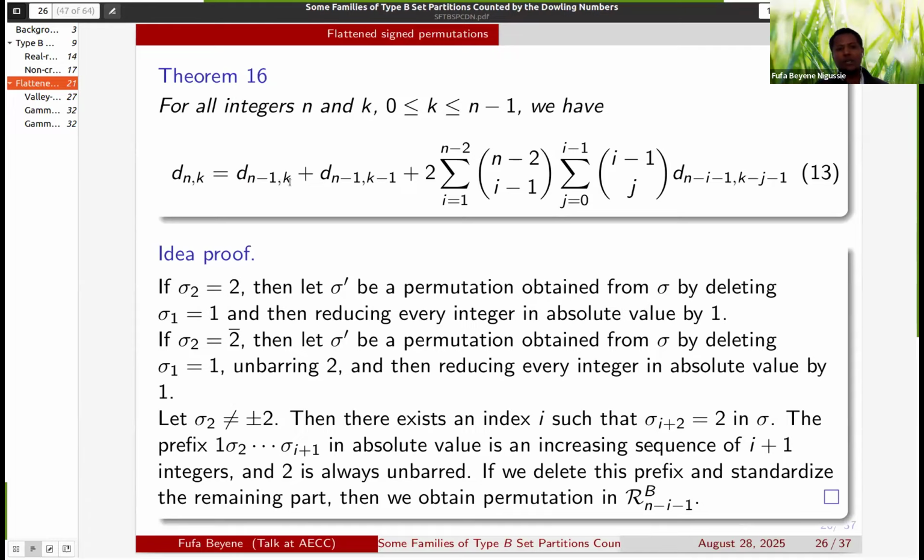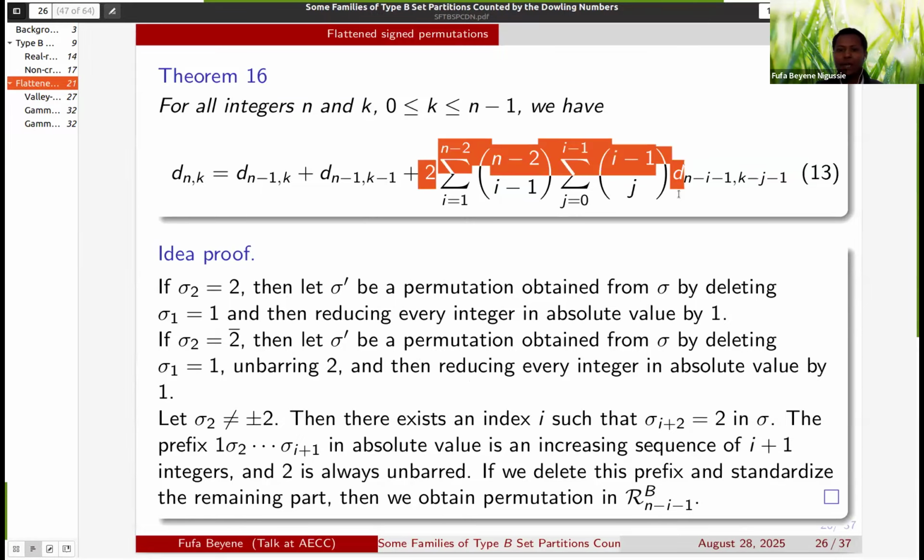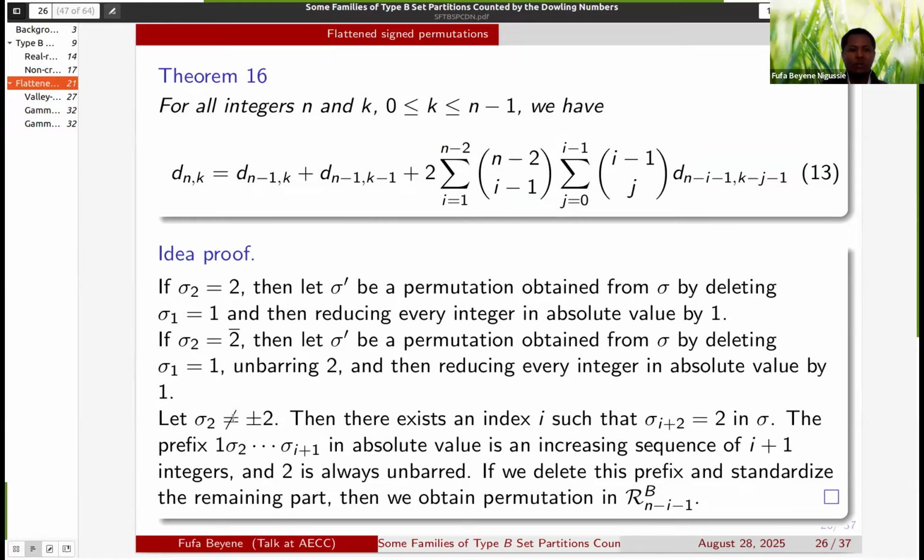There will be no change in the number of descents. If sigma 2 was 2 bar, then we delete this and again reduce every integer by 1 in absolute value. But in this case, the number of descents will be reduced by 1, so that we have k minus 1 here. And this complicated sum here comes from the case where sigma 2 is different from plus or minus 2.